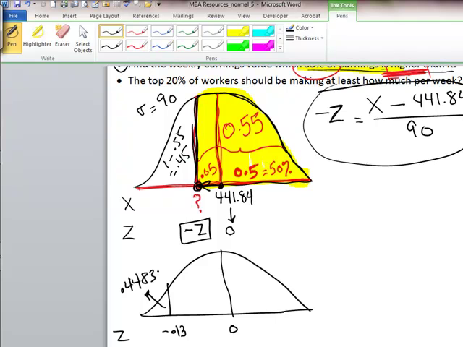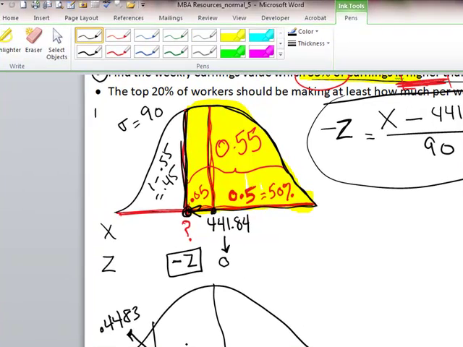But for now, the 0.45 is a good estimate. It's pretty close to it. So I will go ahead and use the negative 0.13 over here in this calculation.